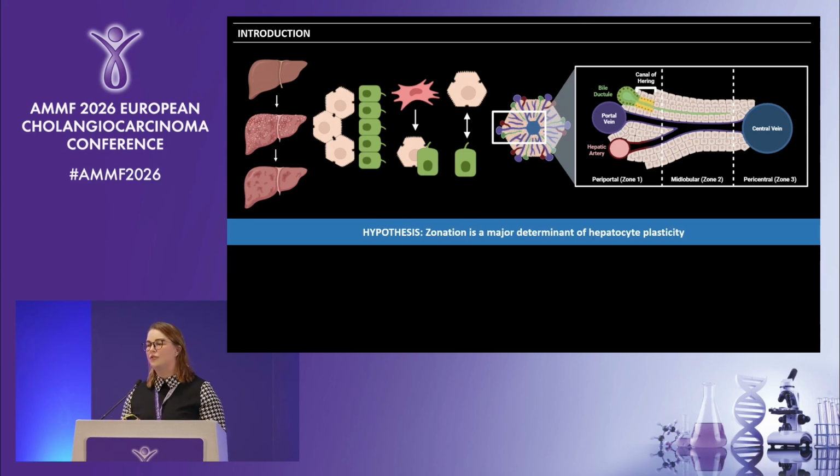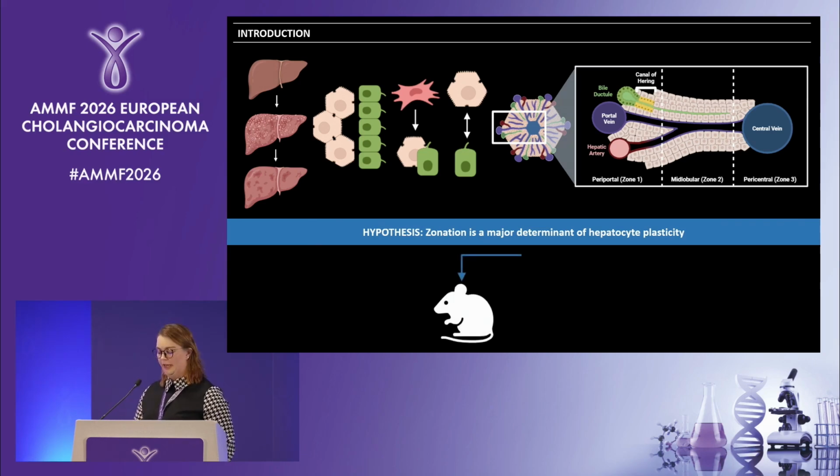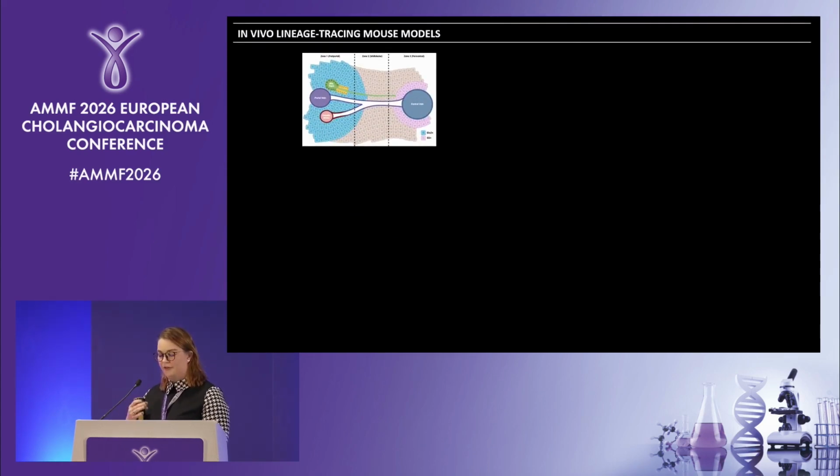So to test this, I used two complementary approaches, the first being the development of in vivo mouse models, and the second being an ex vivo primary hepatocyte spheroid system. So, as I said, the first thing I did was generate two mouse lines, which made use of a Cre-driven system with dual fluorescent mTmG reporters, which basically means that all cells in the mice initially expressed a red fluorescent protein on their membranes.